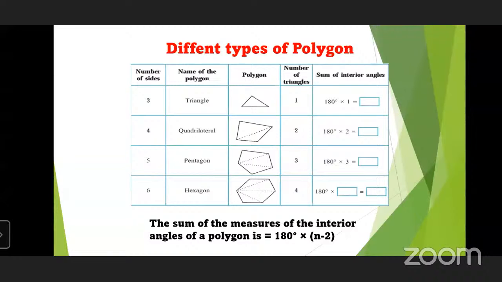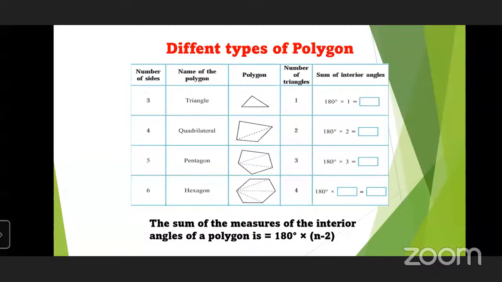Now, 5 sides. 5 sides make a pentagon, and a pentagon has 3 triangles in it. If we draw it, 3 triangles can be obtained. So 180 degrees multiplied by 3 will be the sum of interior angles.